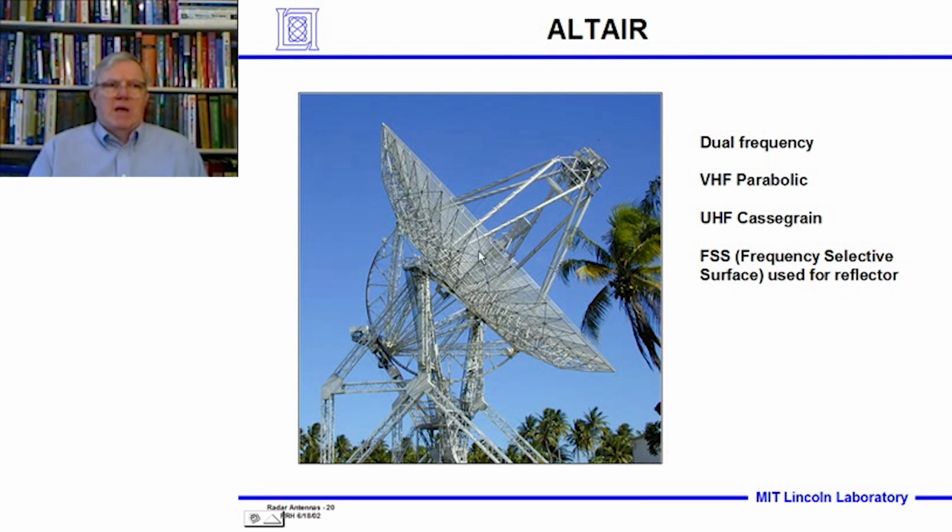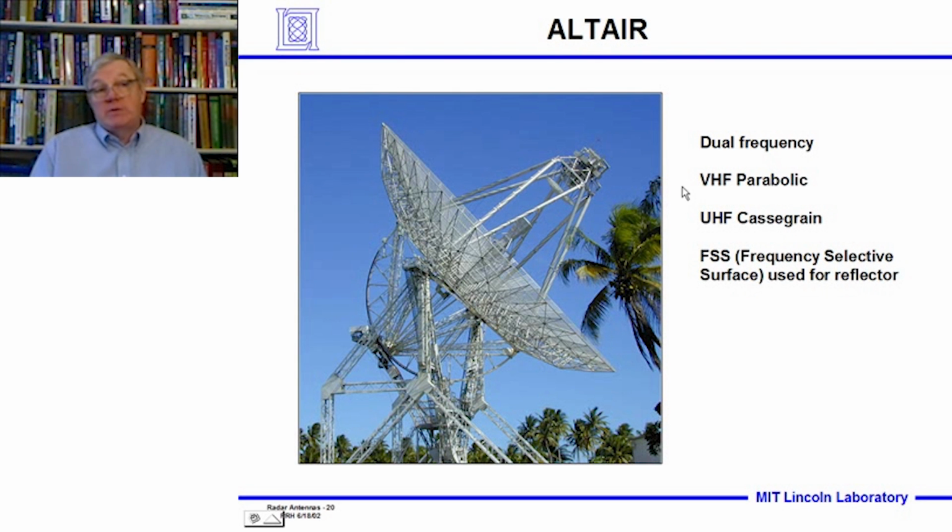I mean, this is a powerful antenna. Its peak powers are in megawatts. So this frequency selective surface is very carefully designed, not for children to design. There's an art form to designing these at high power.